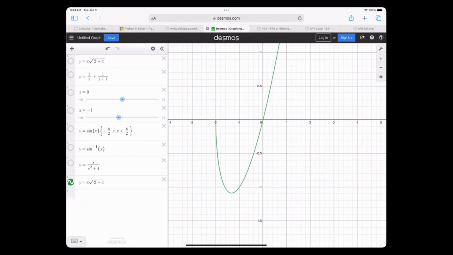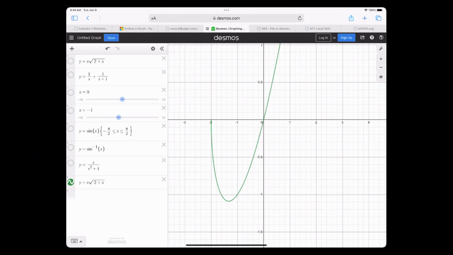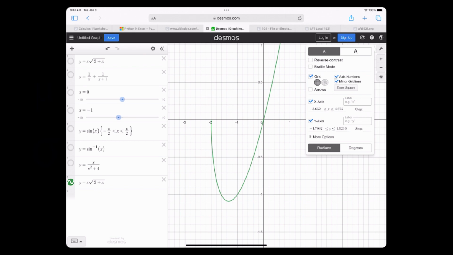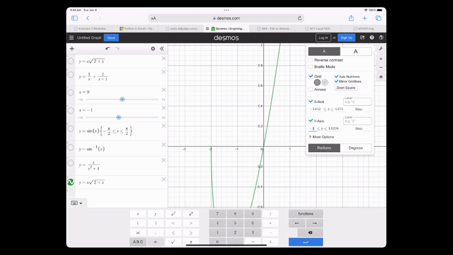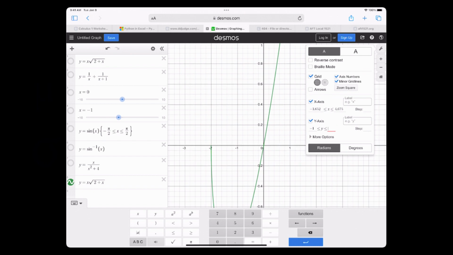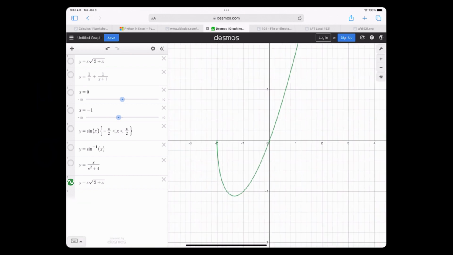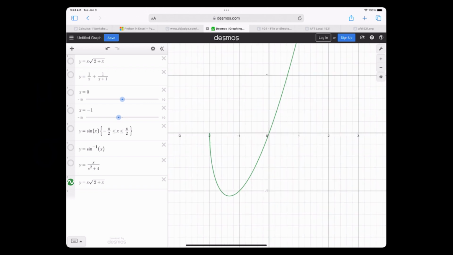Okay, maybe something like that. And I'll change the y value. Okay, so here's what I'm going to do.